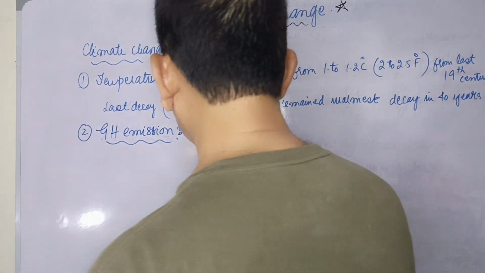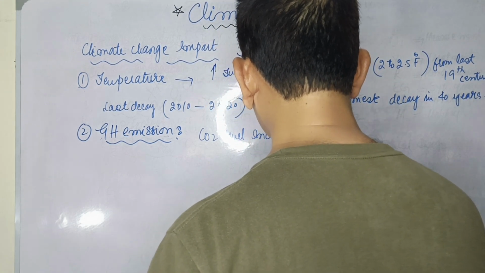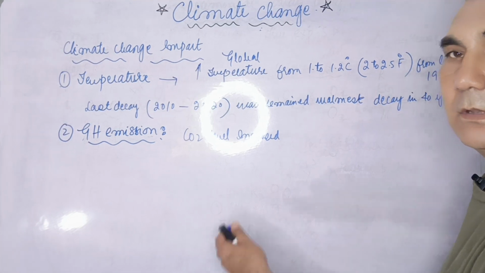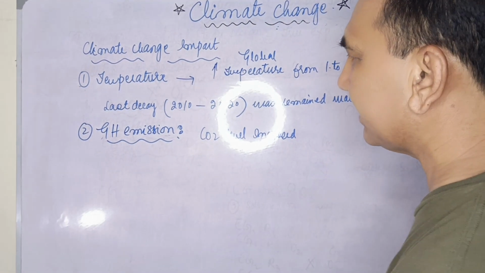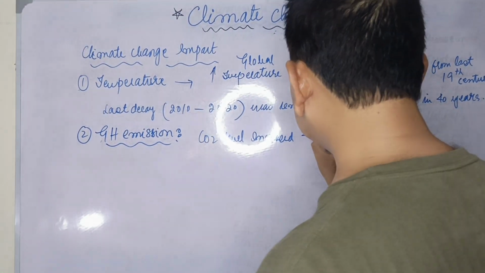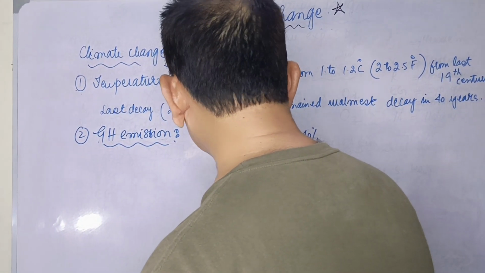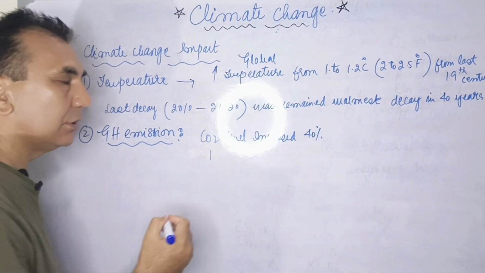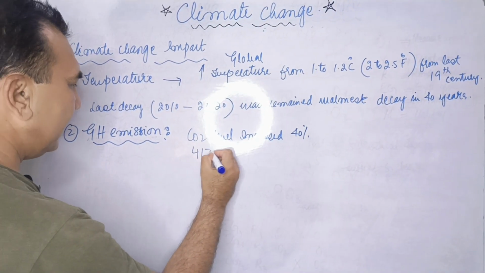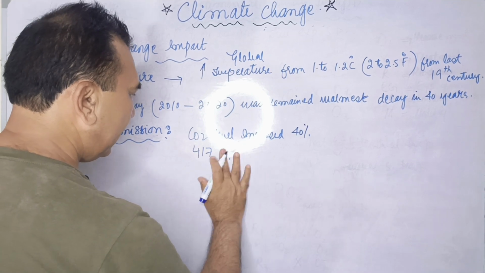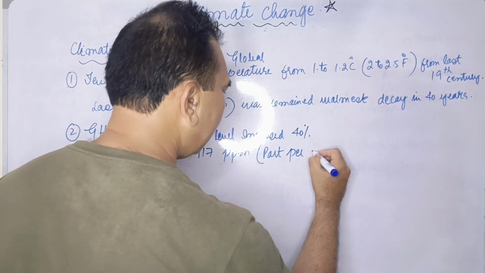The carbon dioxide gas level in the greenhouse gases has increased by around 40%, and it has increased to around 417 ppm. ppm means parts per million.